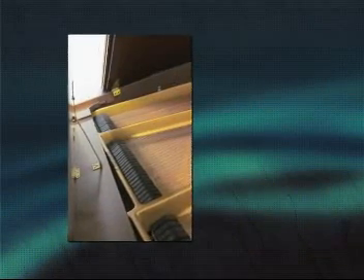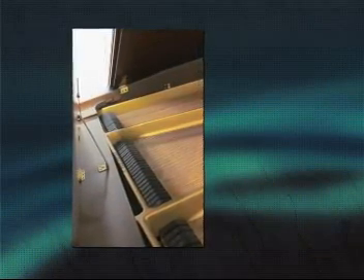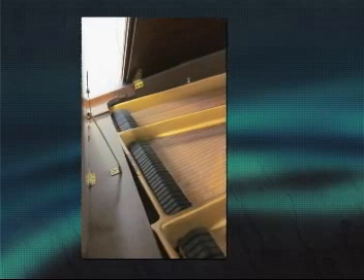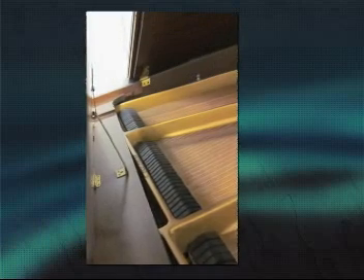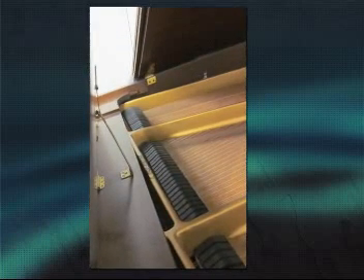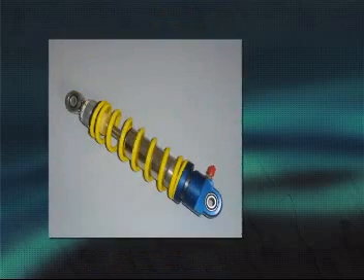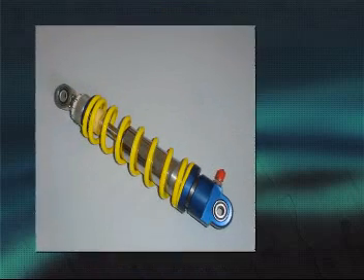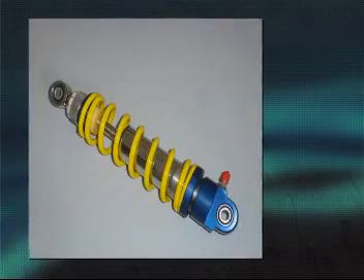In a piano, small blocks called dampers drop onto the piano strings to stop the vibrations of the notes. In vehicles, shock absorbers act as dampers to dissipate kinetic energy.